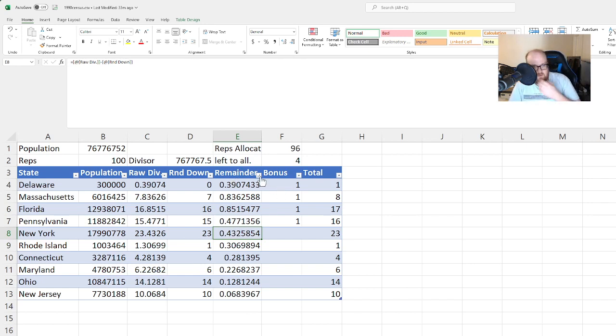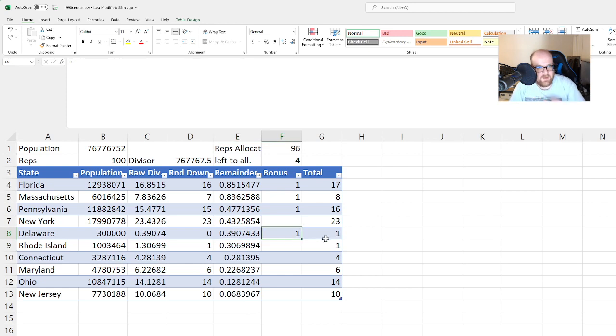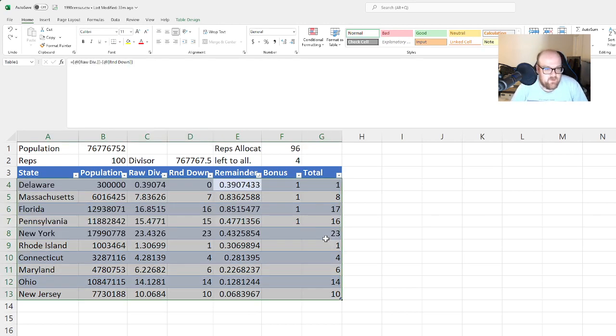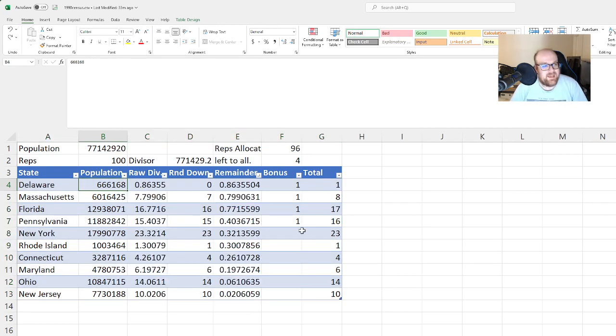If you sort from largest to smallest, you can see, hey, Delaware doesn't get one. So it is possible, if a state's small enough with a Hamilton apportionment, that they wouldn't get any. But that's actually not the reason the United States doesn't use Hamilton apportionment.